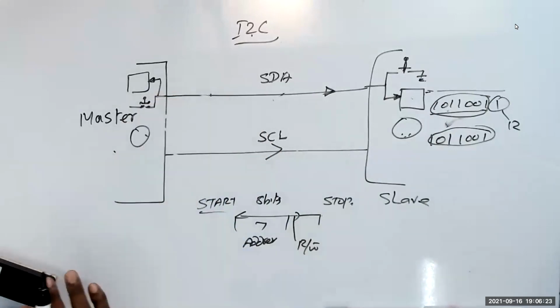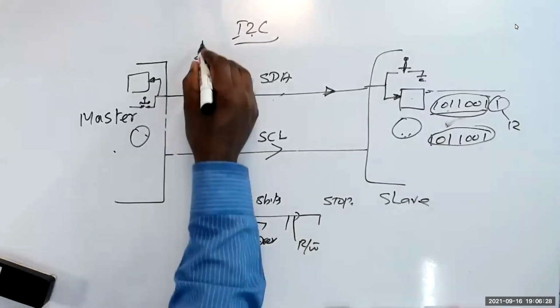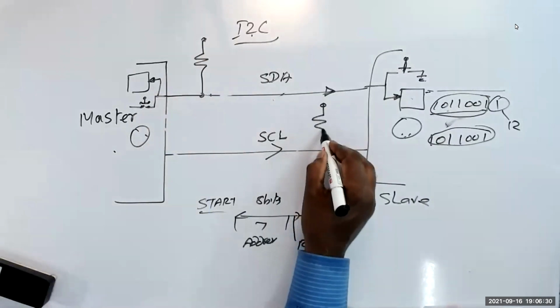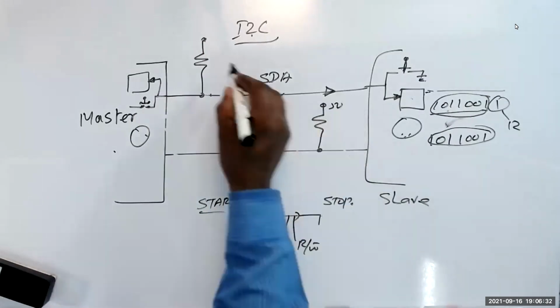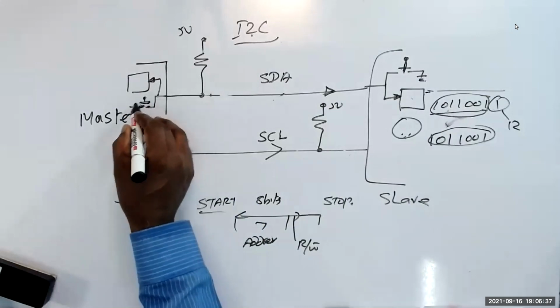I told you already, there is a pull-up here, 5 volt. Now, when the master is not pushing the switch, it is grounded.